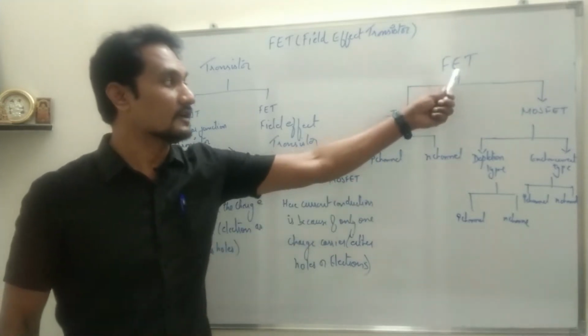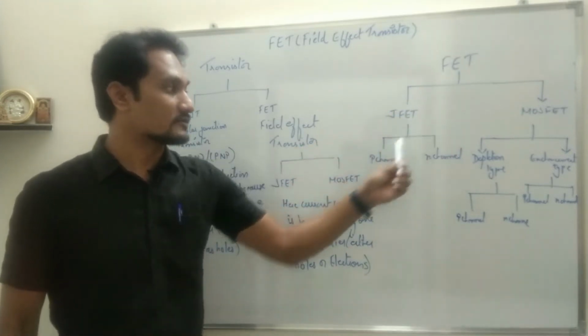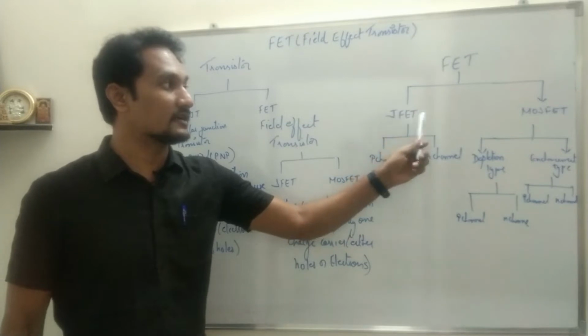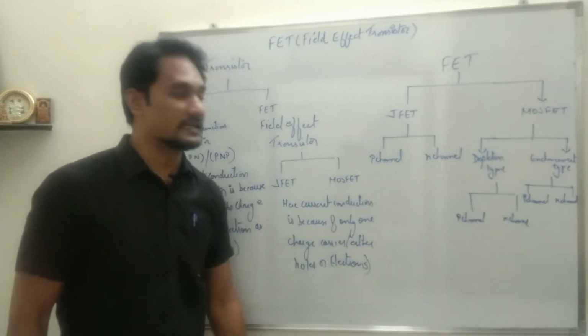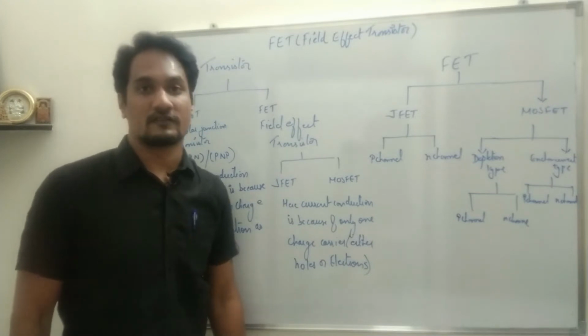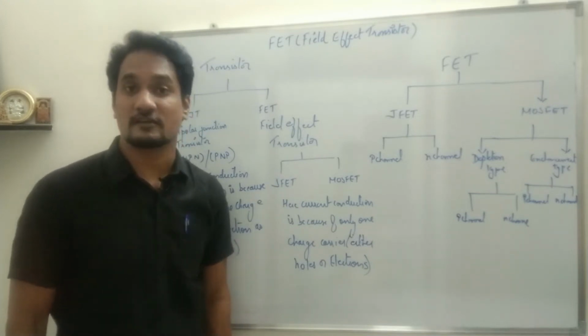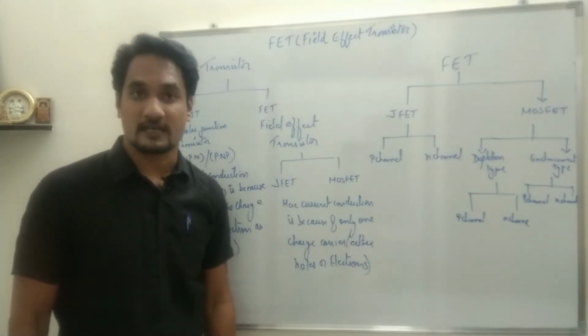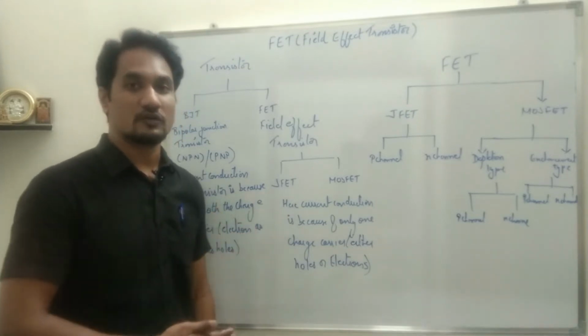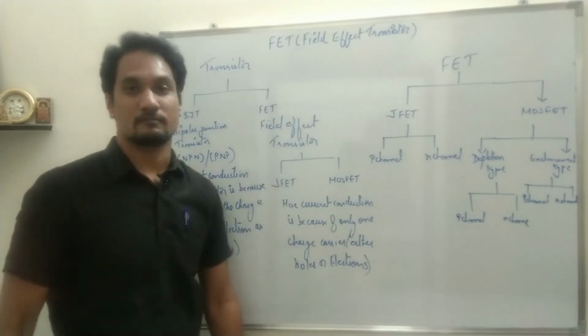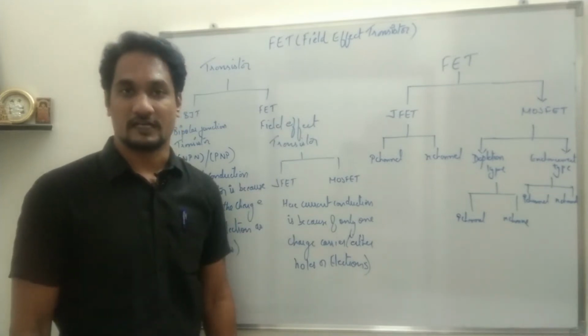We will start with understanding of FET, JFET, MOSFET, then P channel, N channel, depletion type, enhancement type, both P channel and N channel for each of them. That is the basic objective of unit number 3. I hope you have understood the basic difference between BJT and FET.